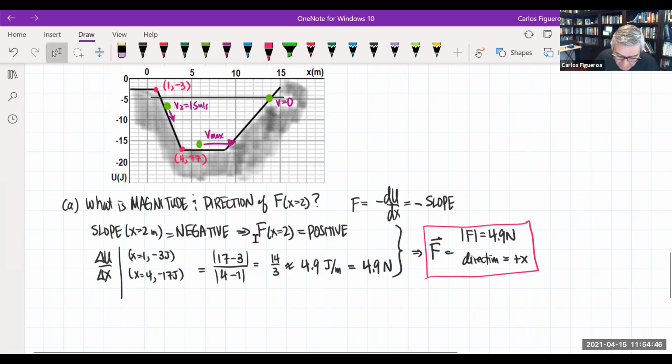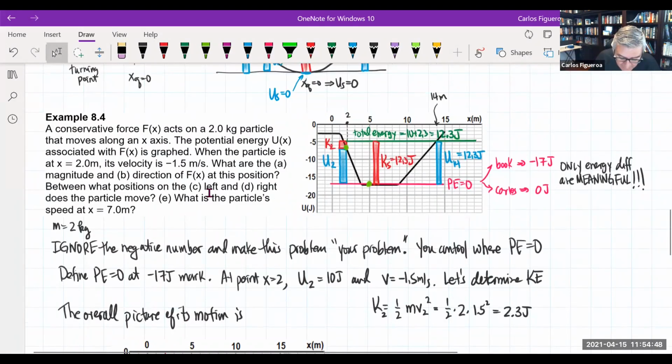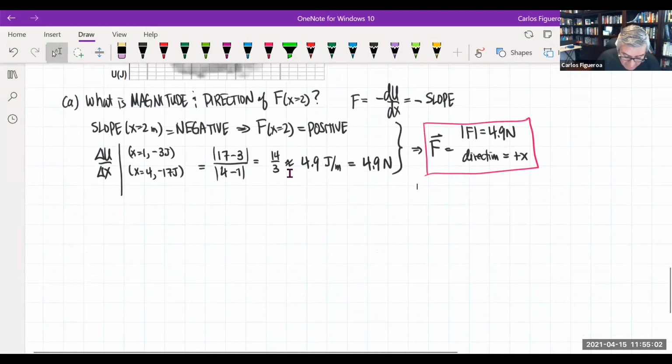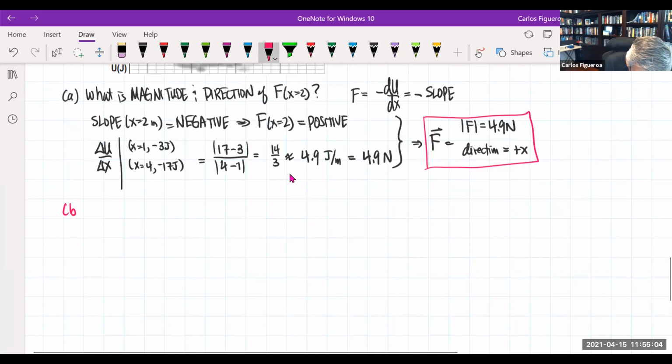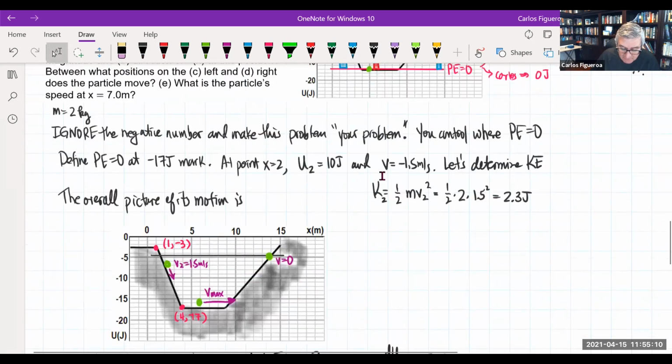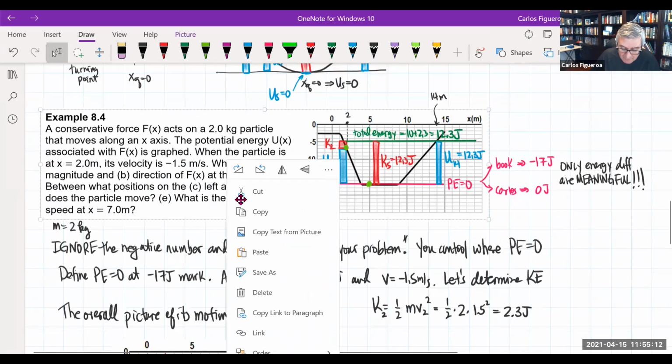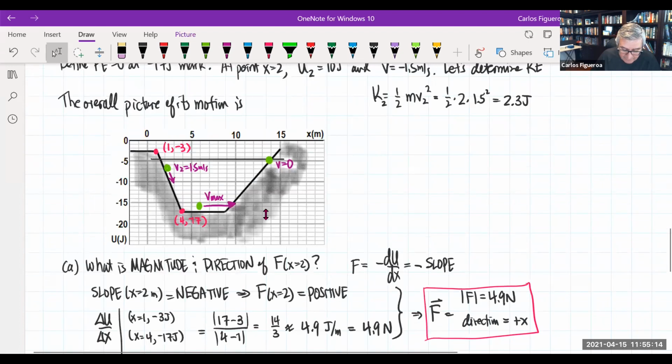Okay, so if I go to the next piece here, we got A, we got that. Then it says C, left and right. Between what positions will the particle go? Well, we actually already answered that question. So if I look at B, maybe I should just bring that down, let me do this down here.